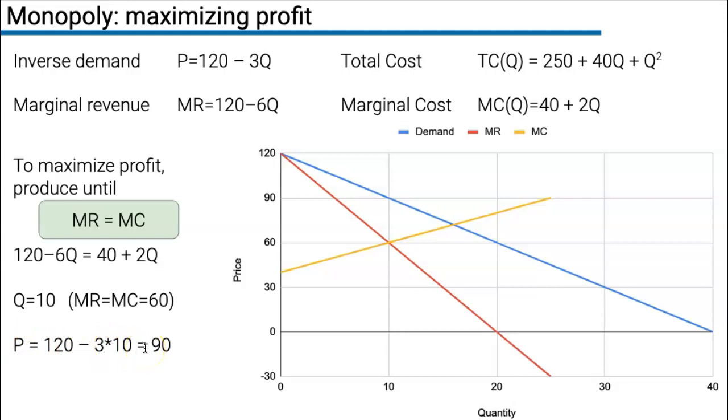So that means that the monopolist, to maximize the profit, will produce 10 units and price it above the marginal cost. So it will first determine that 10 units is the optimal output to be produced, but to price it, it will go back to the blue demand curve rather than look at what the marginal cost is going to be.